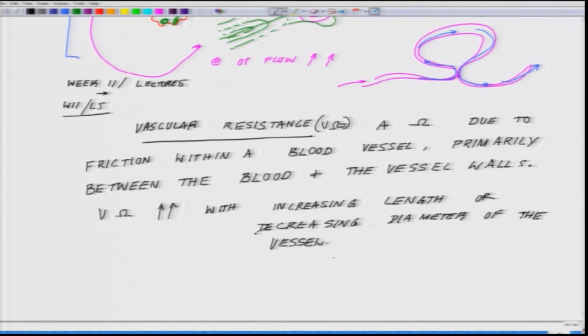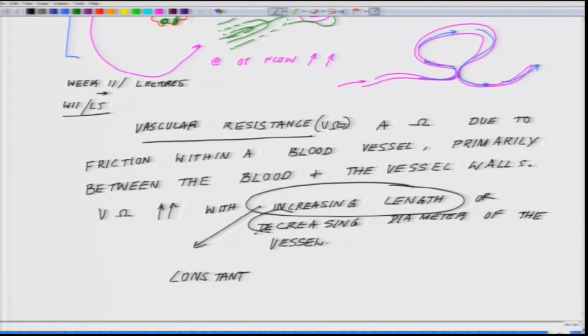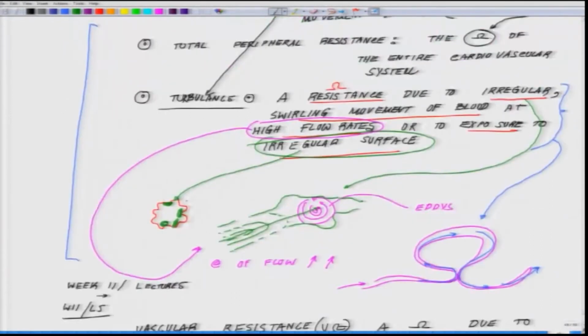Now, vessel length is constant, but the vessel diameter can change. But this one is your constant parameter, whereas this diameter, and we have talked about what are the different situations where diameter can change. Look at it. So, if this is the original diameter, because of the deposition which is happening on the surface, some form of deposition like this, your diameter is changing.